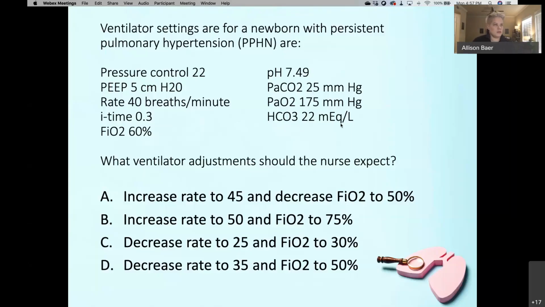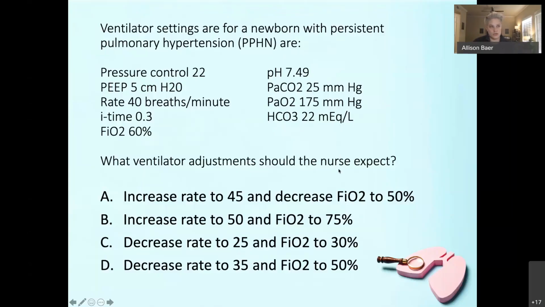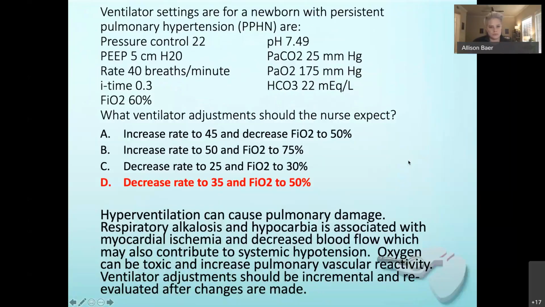Okay, so most of you got it right, or were on the right track. The answer is going to be D. So this one is a little confusing because 2 of the answers are in the right direction. It's just how far do you need to go?